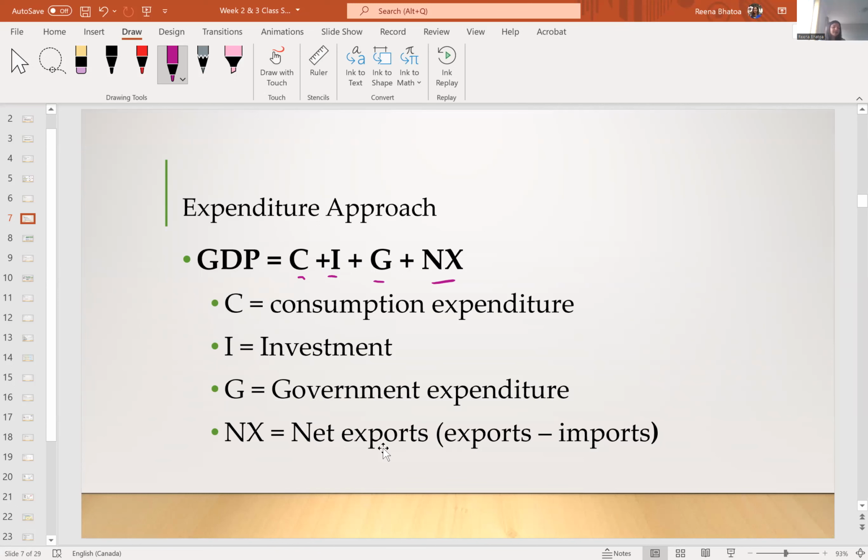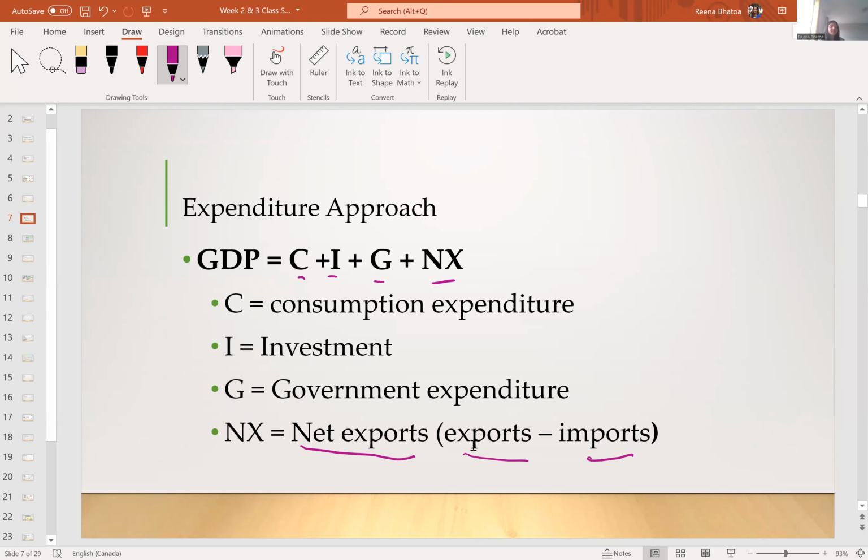And we calculate net exports as exports subtract imports. So it's very important that you understand what is net export and what do we subtract. So exports subtract imports, not the other way.